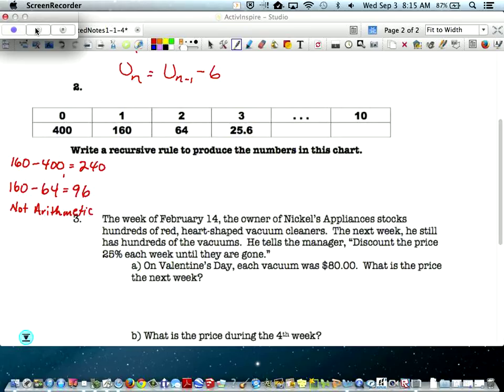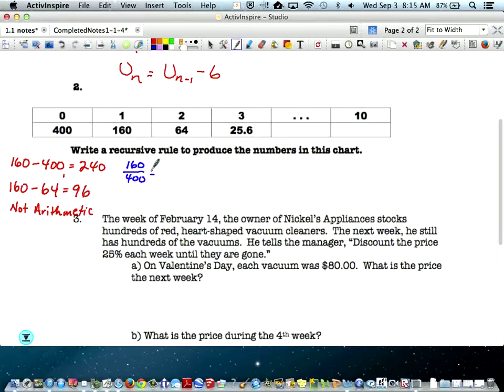So now we're gonna go over and check for geometric. So you can take 160 and divide by 400. What do we get? 0.4, thank you. And what's 64 divided by 160? 0.4, right?